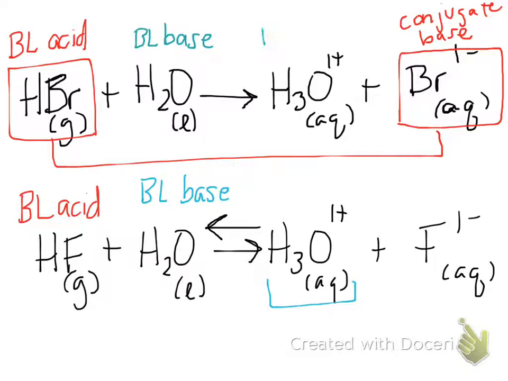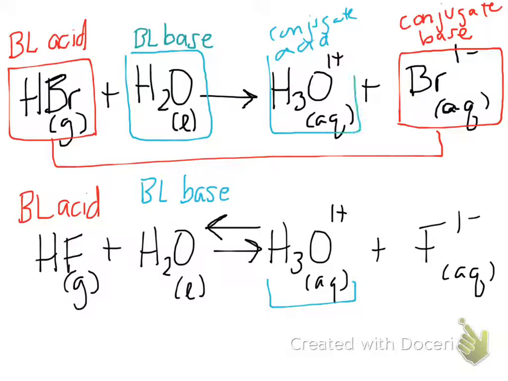This is a conjugate acid. For every Bronsted-Lowry base, there is a conjugate acid. So Bronsted-Lowry acids and bases are always on the reactant side. The conjugate acids and bases are on the product side.